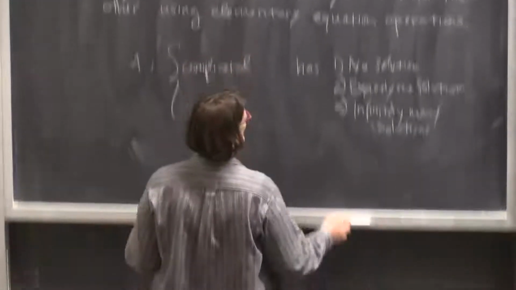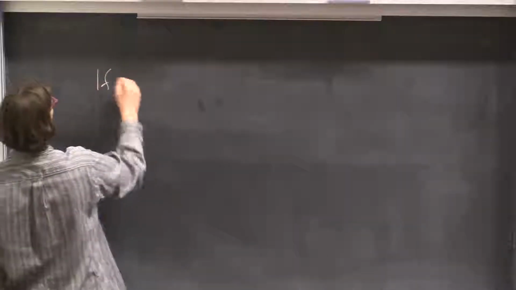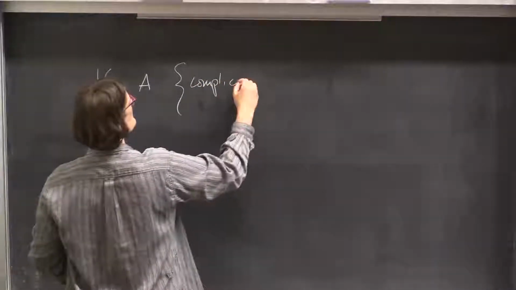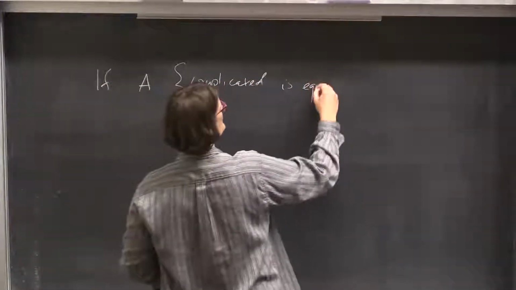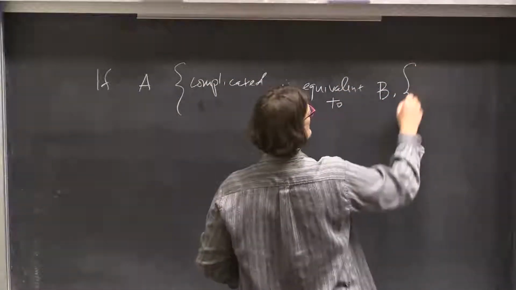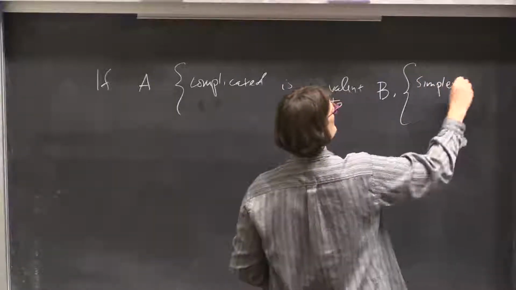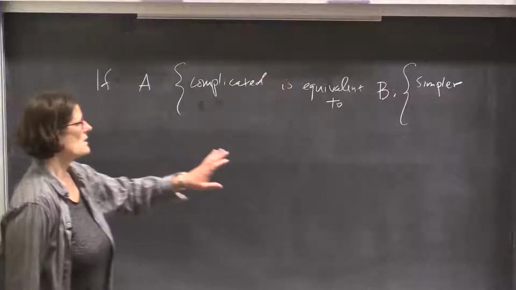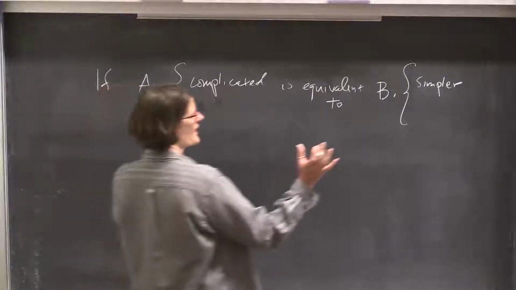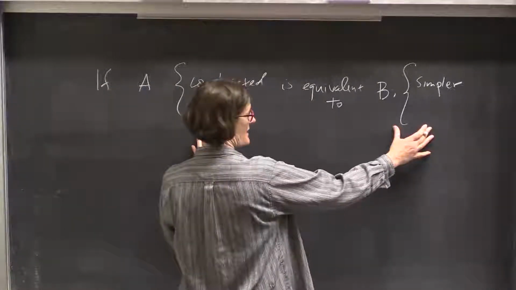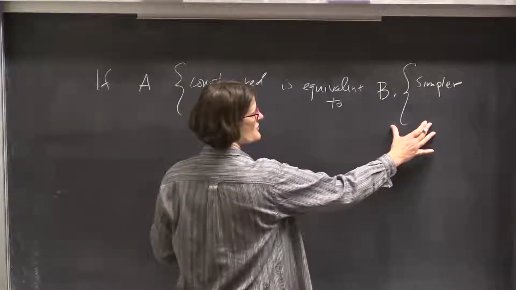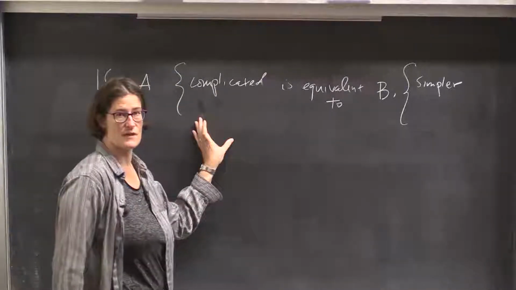The point is that if this complicated system is equivalent to a simpler system, then either they both have no solutions, or they both have exactly one solution, and that one solution is the same, or they both have infinitely many solutions, and the infinite set of solutions of this is precisely the infinite set of solutions of that.